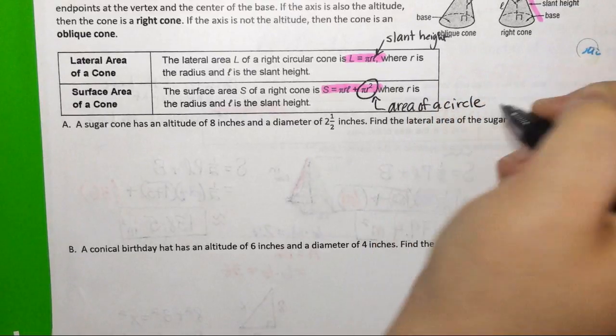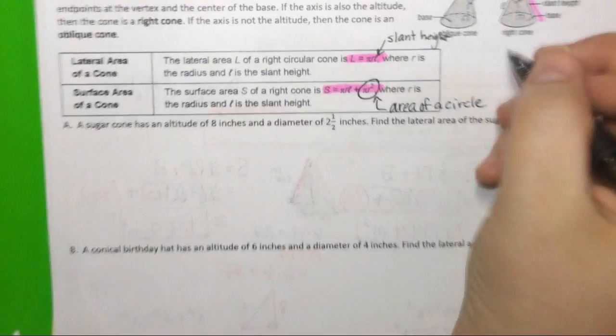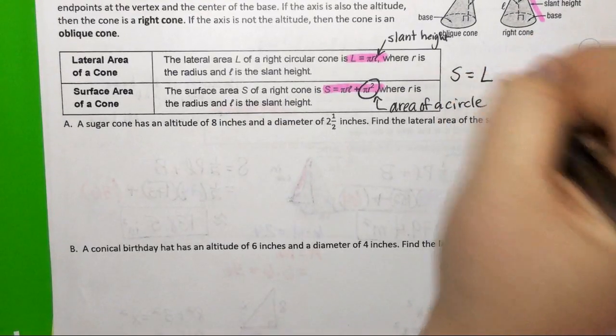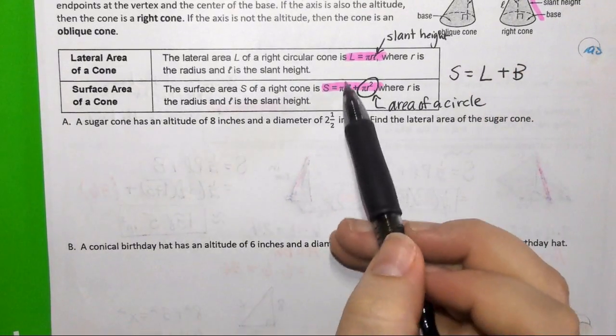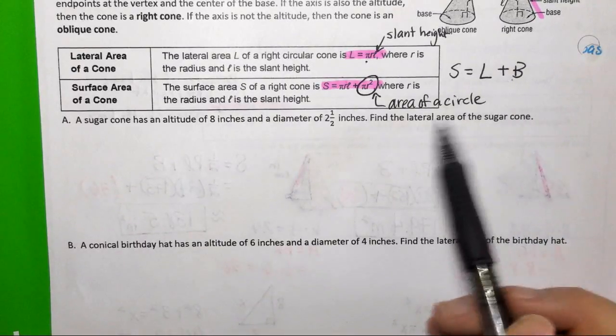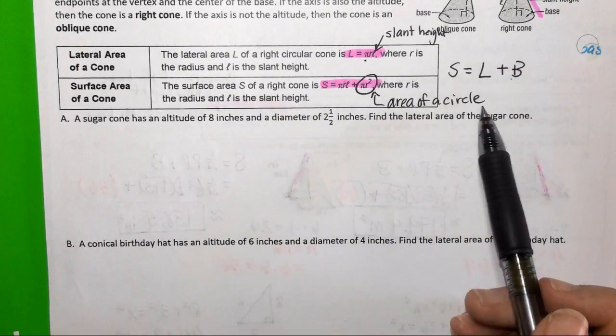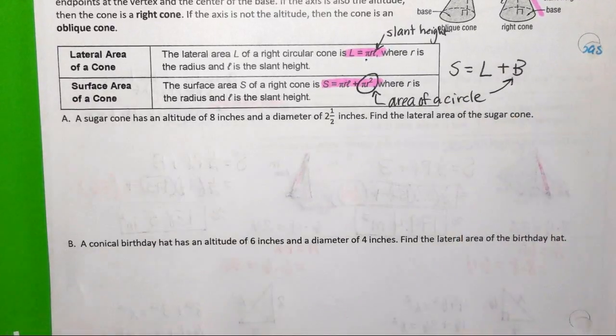What is my base shape in a cone? So really, it's still the same formula where you take the L and you add in the B, because this is the same thing as L. And then this is still the area of pi r squared, and B would be the same thing because it's still the area of the base, because the base is a circle.